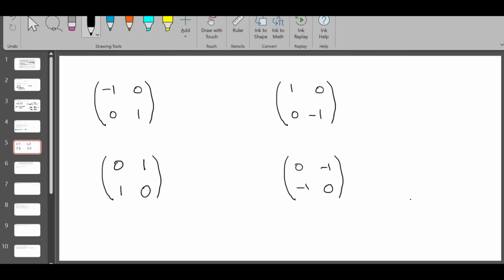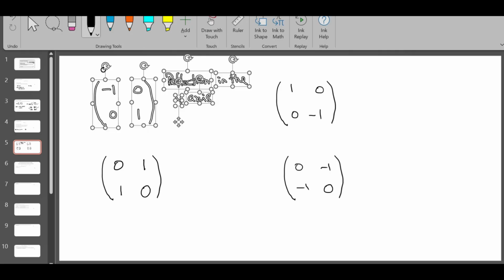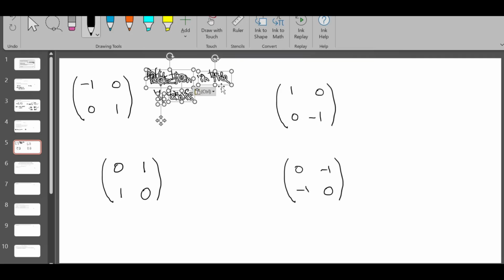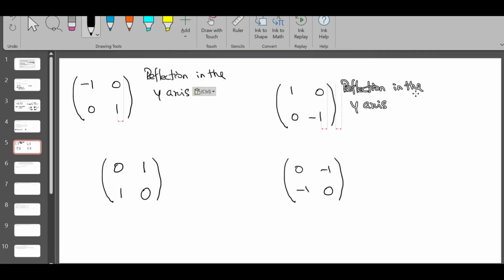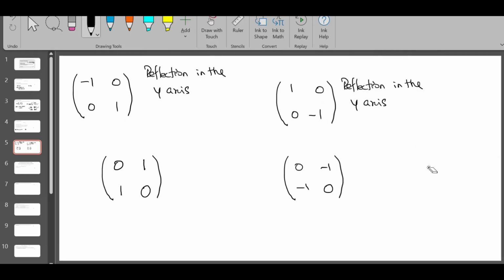The first one is reflection in the y-axis. The reflection in the y-axis is the first one. So the second one is reflection in the x-axis.